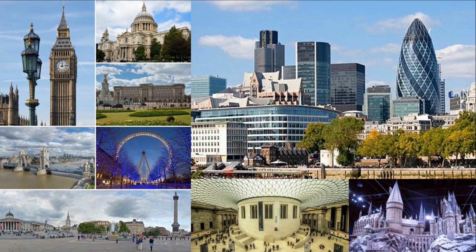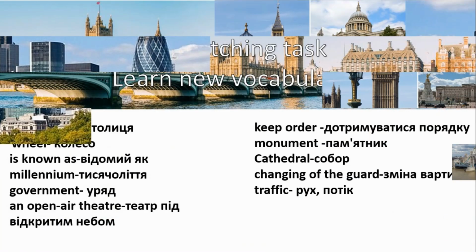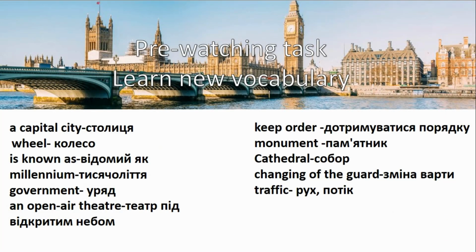London is the capital of the United Kingdom of Great Britain and Northern Ireland. There are a lot of sights here. Many tourists every year go to London to visit it. So now we're going to watch a video about London. But before watching it, let's check up some vocabulary.